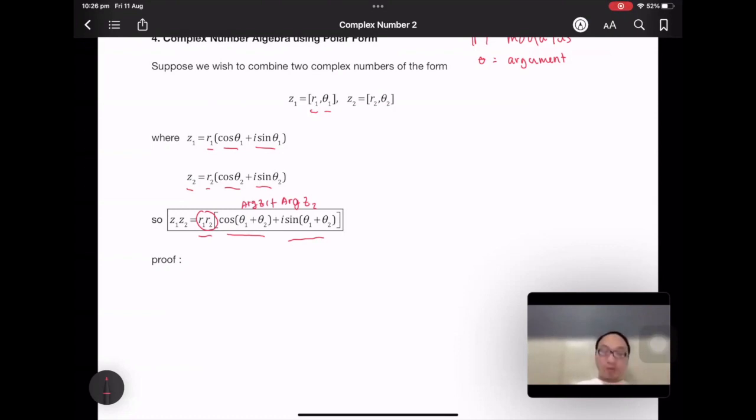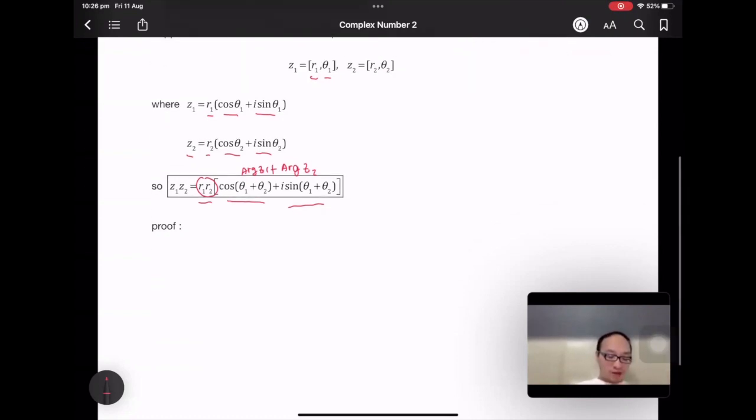We can prove this. We multiply z1 and z2: r1 (cos theta1 plus i sin theta1) times r2 (cos theta2 plus i sin theta2).